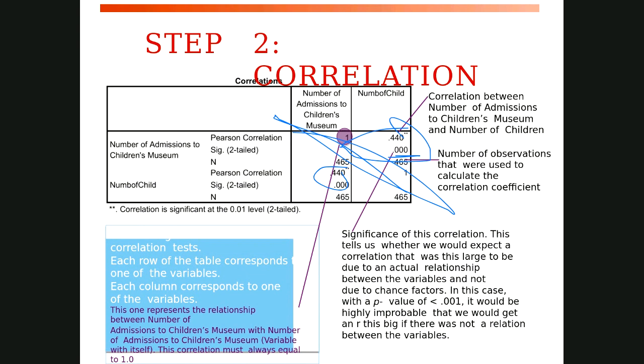And this indicates that it's really unlikely that we would get this relationship due to just chance if there wasn't a relationship between the variables. So this is suggesting that there is a moderately high relationship between the two variables.